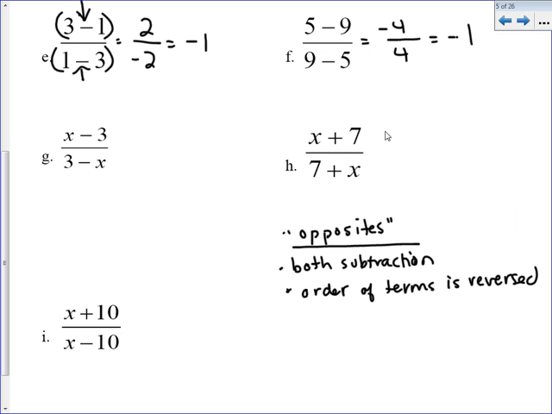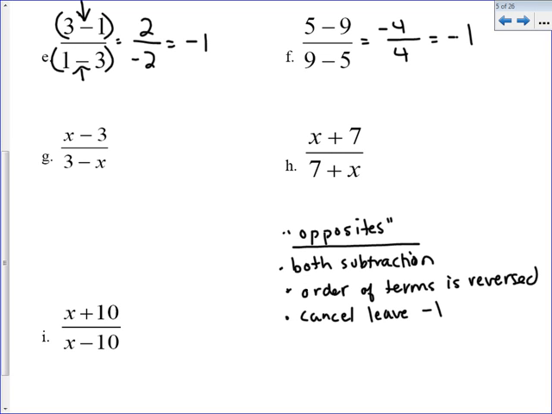They still cancel. But when you cancel, you leave a -1. And it can be in the numerator or the denominator. That does not matter. I'll always put mine in the numerator. Doesn't matter where you put that. It just leaves a -1.